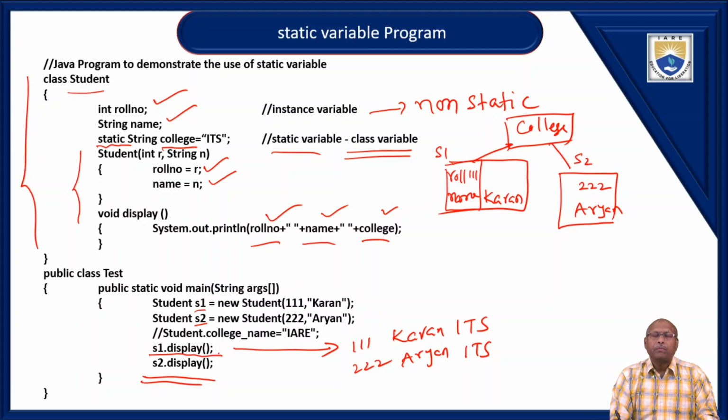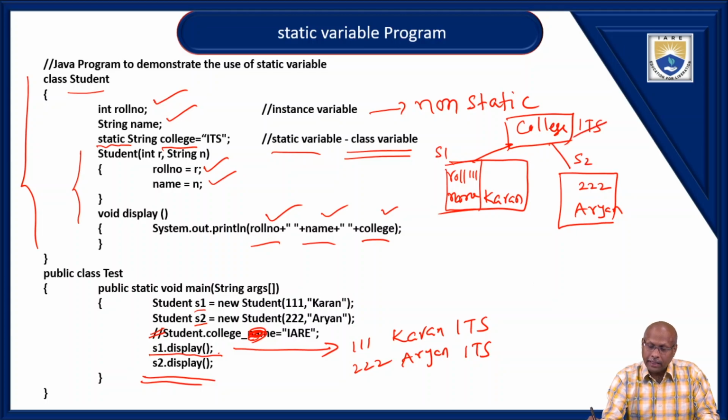For example, I want to change the name of the college to IARE. In that case, what will I do? See, I already wrote the statement: Student.college equal to IARE. So I remove the comment. Earlier it was ITS.